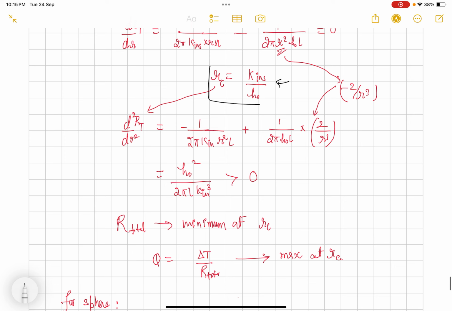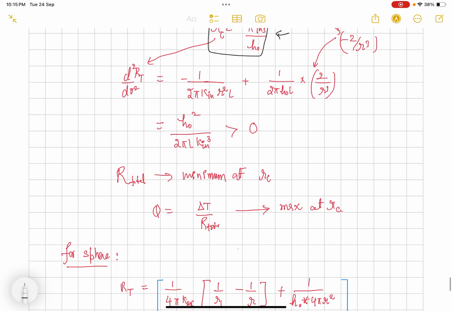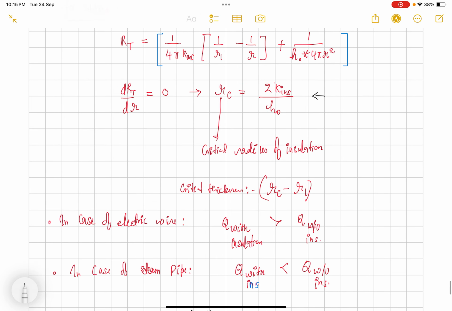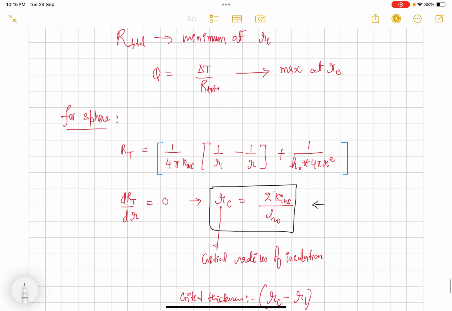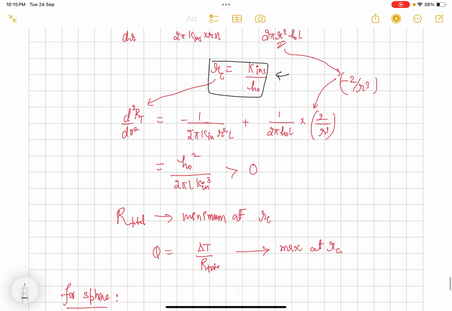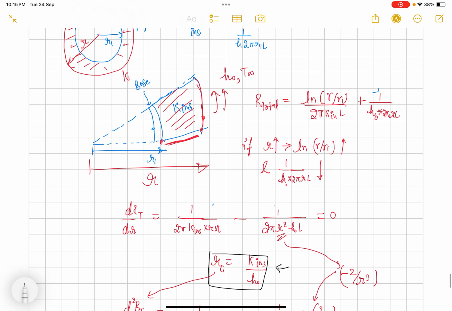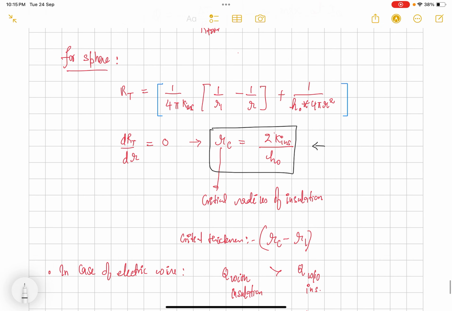So this was for cylinder and this was for sphere. So we can see the critical radius is twice in case of sphere as compared to the cylinder critical radius. So now we will dive deeper into it.